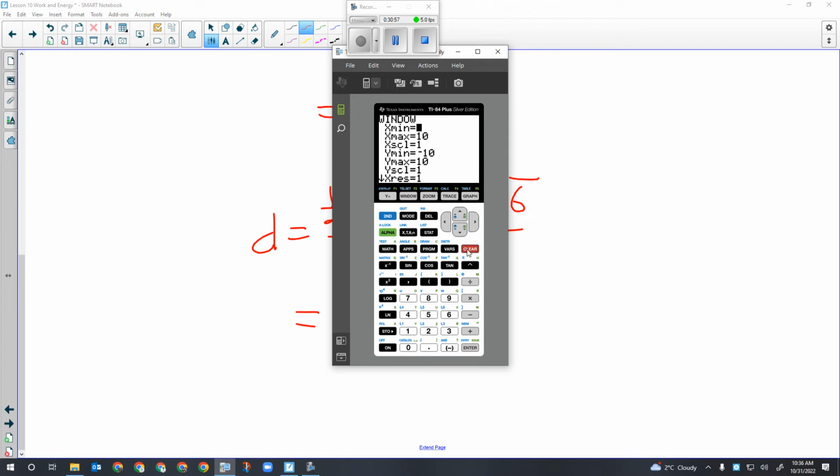Four times. Four times, right? I only doubled the speed, but I have 4 times as much energy, and thus I require 4 times as far to stop. Okay? And this also has a similar relationship with mass.